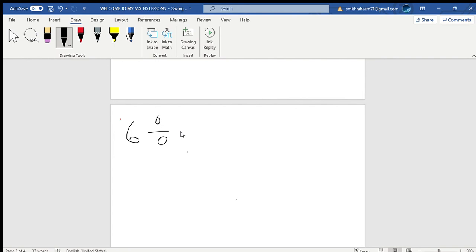Divided by 2, open brackets, 2 plus 1. Okay, so we have that problem.